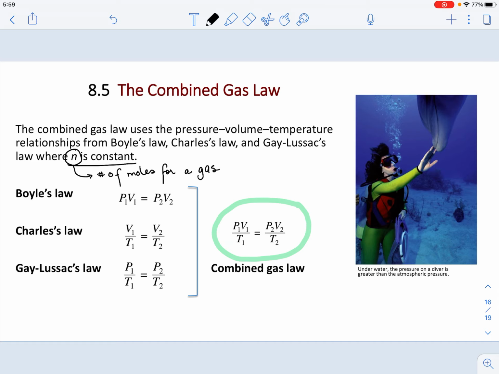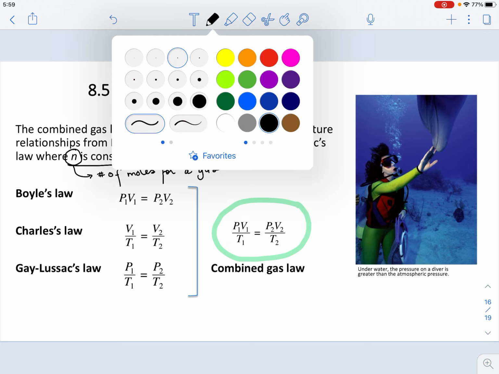That's why it is present in the exam reference sheet. And it's because combined gas law can be utilized to derive all three equations. Okay, so make sure that you know how to derive the equations based on combined gas law, and it is done in the following manner.